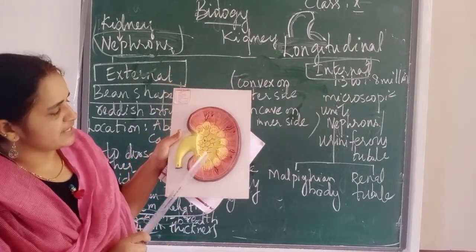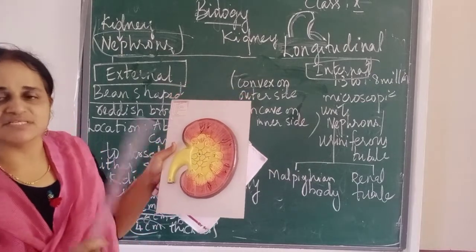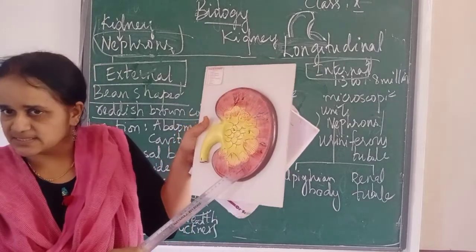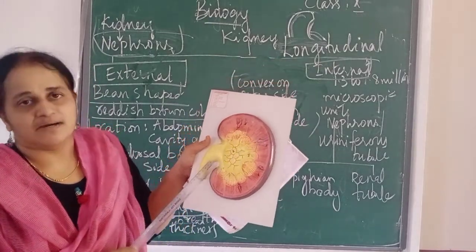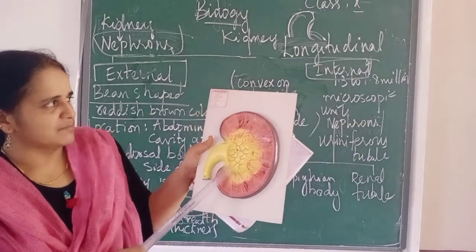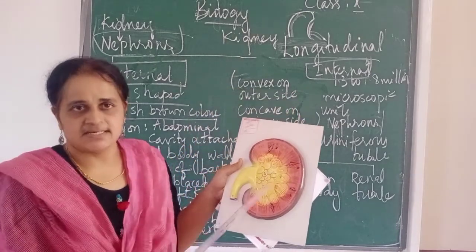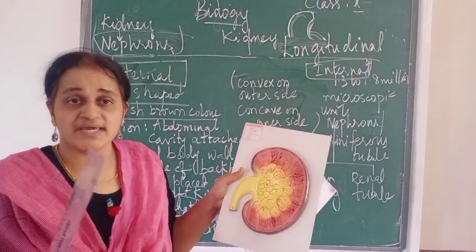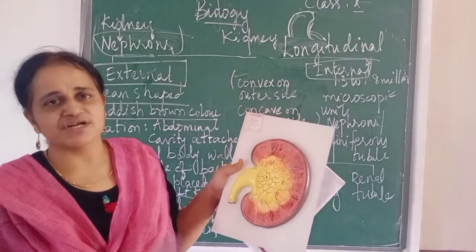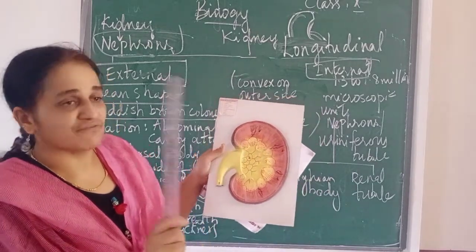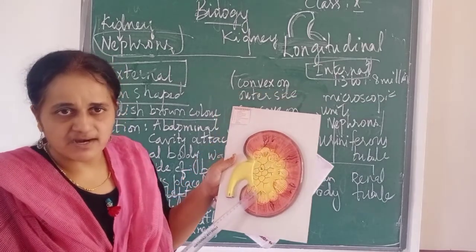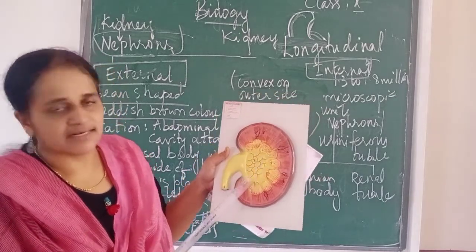The inner is called the medulla. So internally each kidney consists of outer cortex and inner medulla. And here, the flower shaped things you see are calyces, C-A-L-Y-C-E-S. So internally each kidney consists of two zones, outer cortex, inner medulla, and so many calyces are arranged.